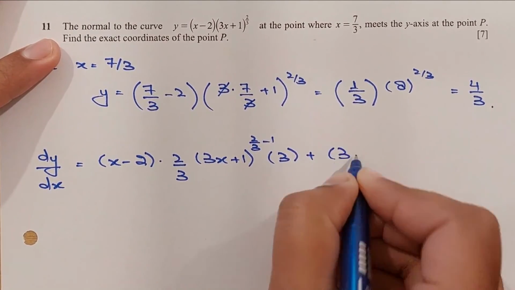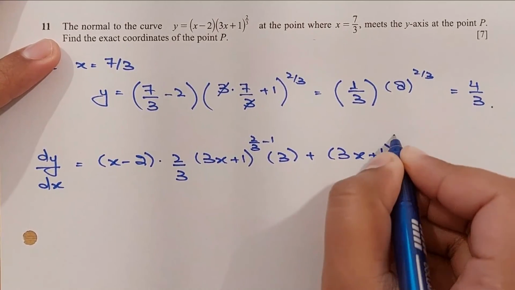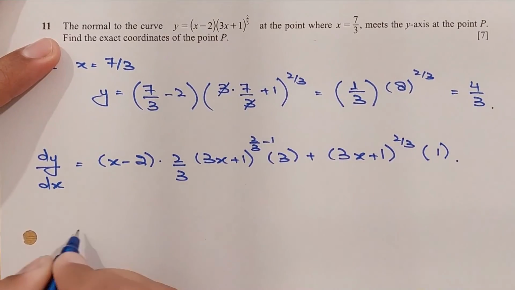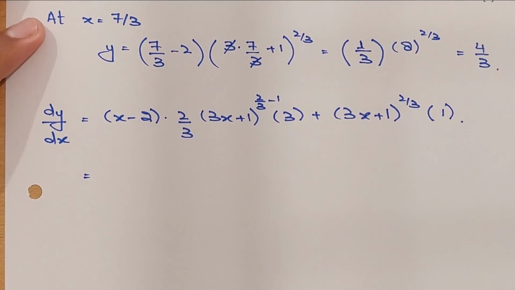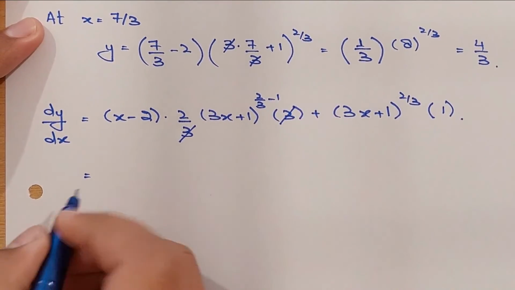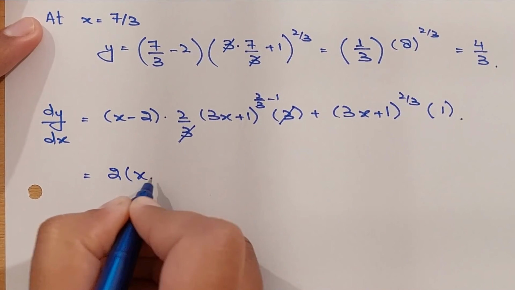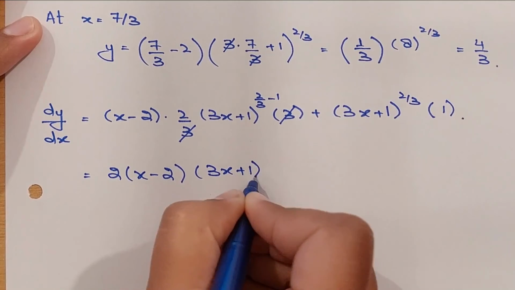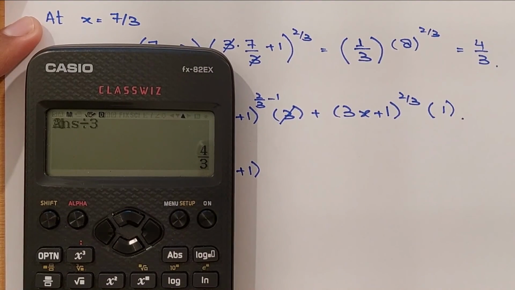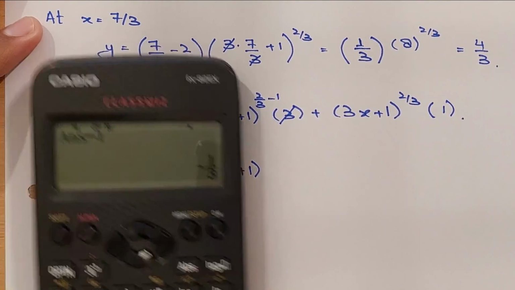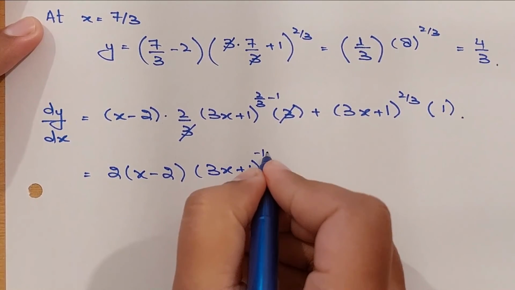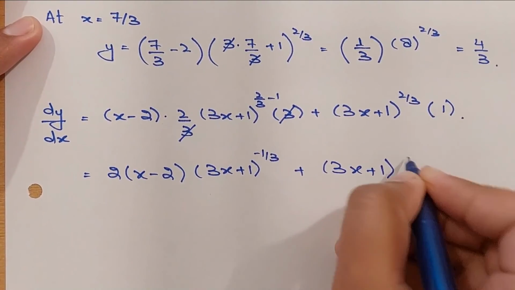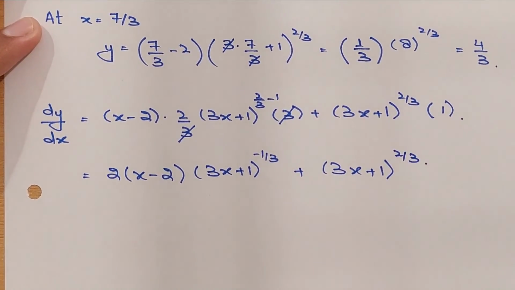Plus the second function, (3x plus 1) to the power 2/3, times the derivative of the first function, which is just 1. Let me simplify this further. The 3s cancel, so we get 2 times (x minus 2) times (3x plus 1) to the power of 2/3 minus 1, which is negative 1/3, plus (3x plus 1) to the power 2/3. So this is the gradient.